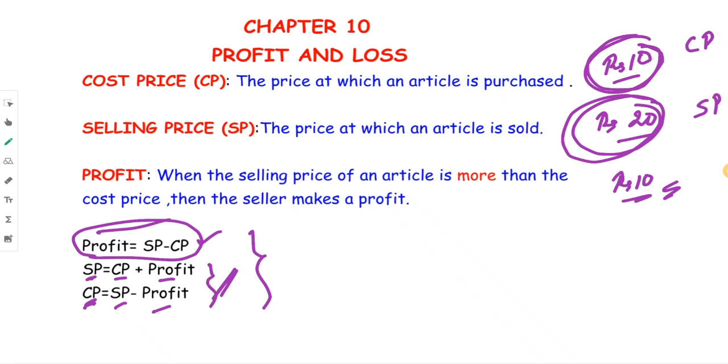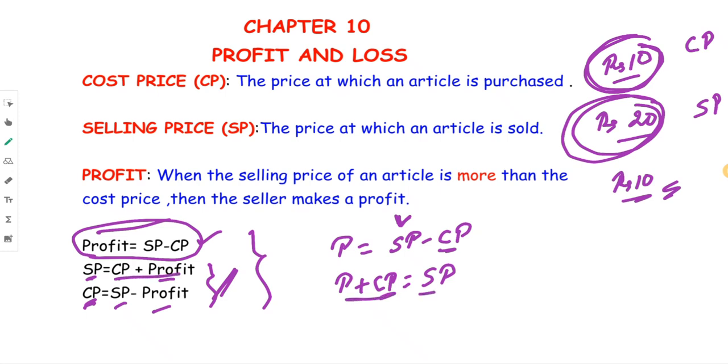Let's say P is profit for now. Then the formula is selling price minus cost price. If they ask us to find the selling price, the minus CP will go to the other side and become plus. So I'll have P plus cost price equals the selling price. Cost price plus profit gives you the selling price.